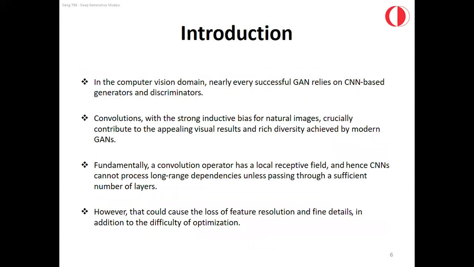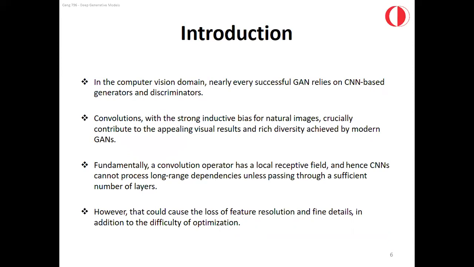And in the computer vision domain, GANs relying on CNN-based generators and discriminators are really successful. Also, convolutions with a strong inductive bias for natural images contribute to appealing visual results, and that empowers the CNN architectures in GANs.